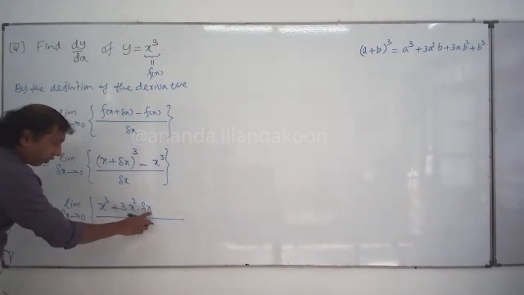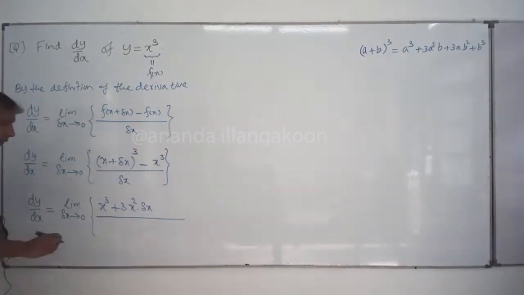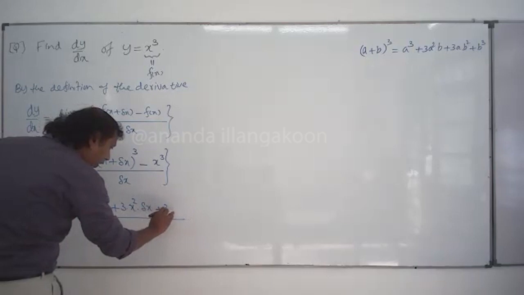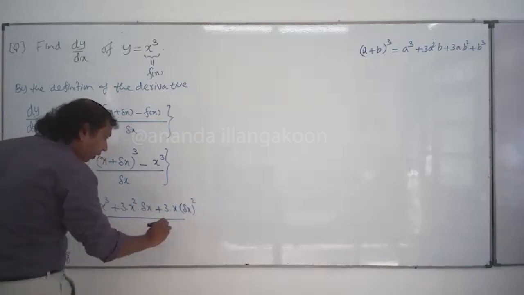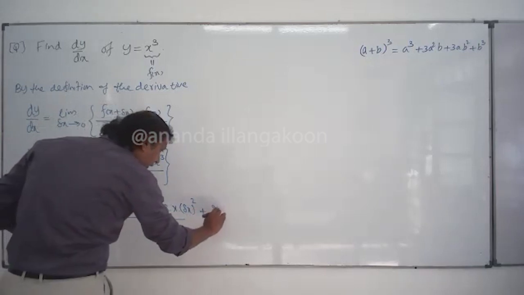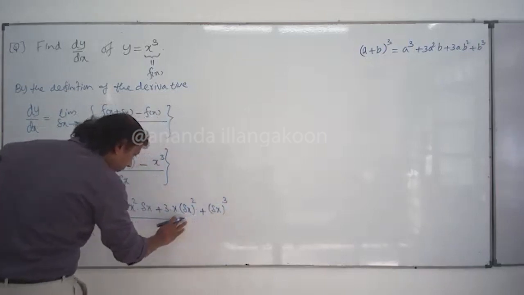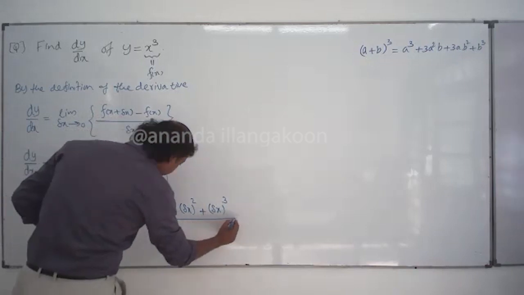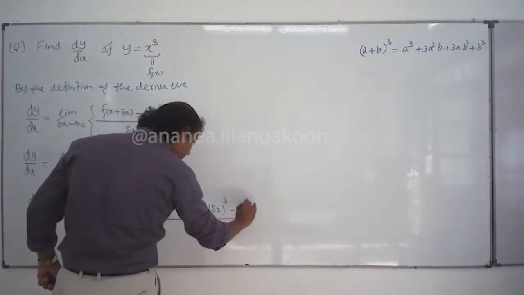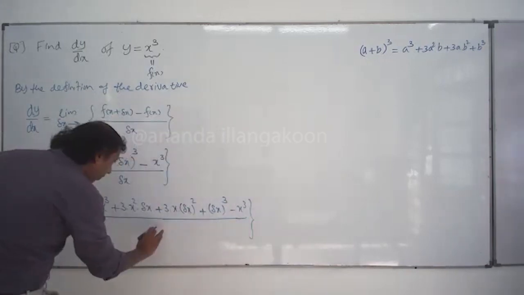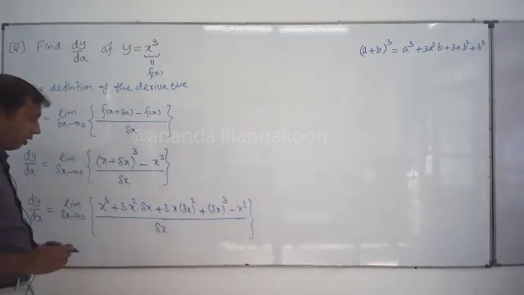You know this x squared and this x you can't multiply, right? And what is next, people? 3 into x into delta x squared, plus delta x to the power 3, minus x cube, divided by delta x. Right.